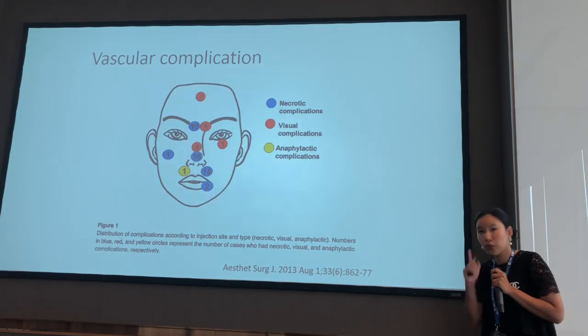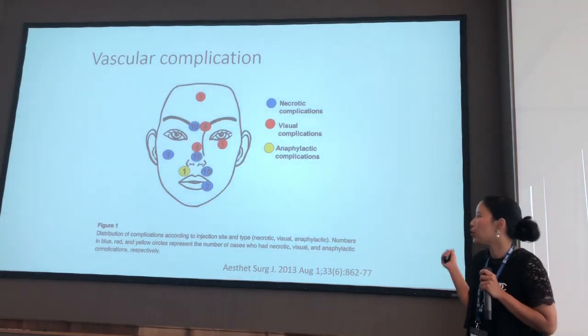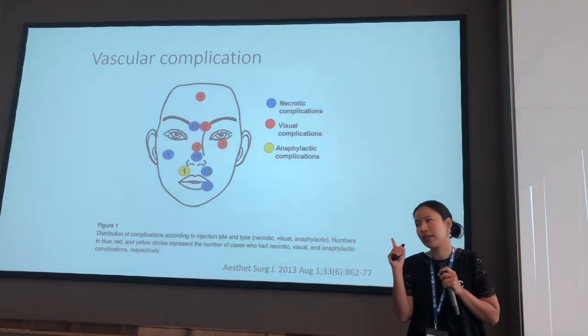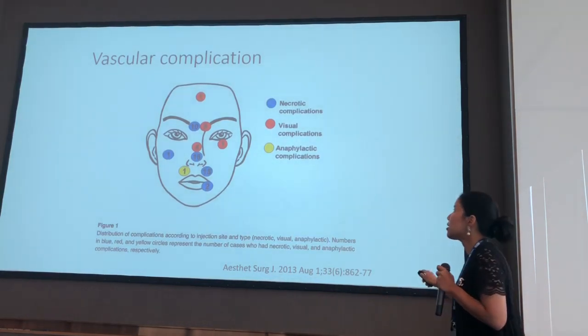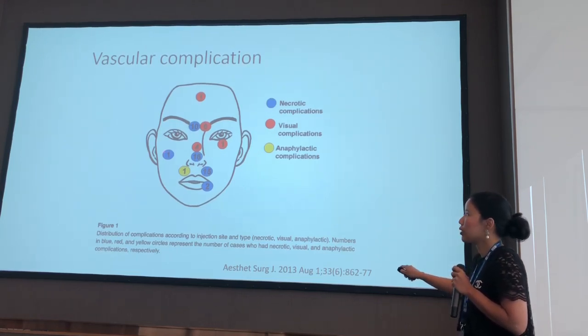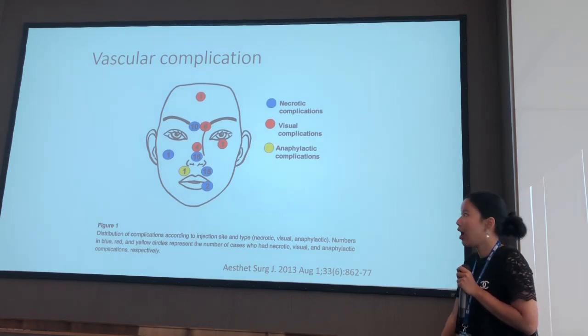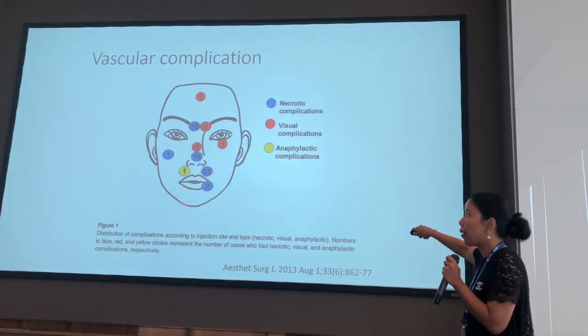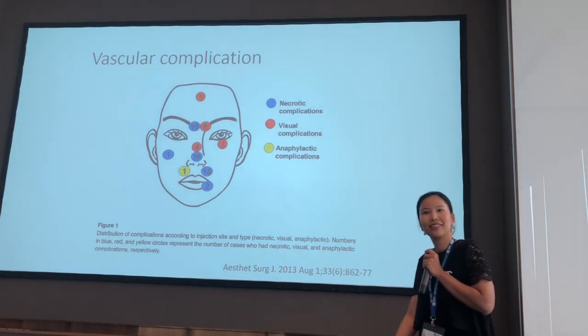And for vascular complication, this review has been published in 230. You can see the red one is the visual complication, the blue one is the necrotic complication, and the yellow one is the anaphylactic one. You can see that most of the complications, the necrotic or visual ones, are mainly distributed at the medial part of the face.